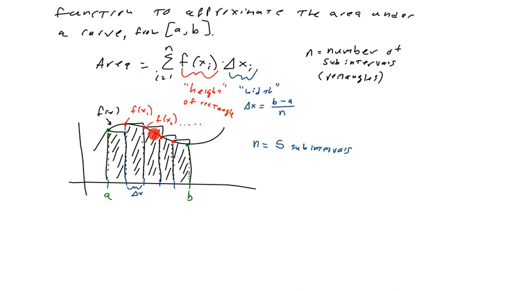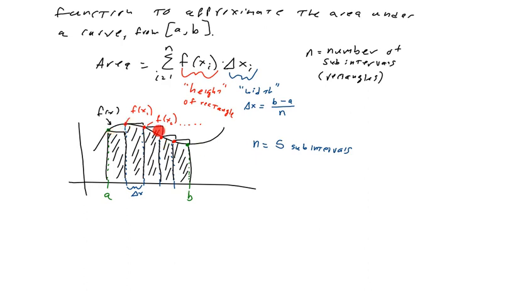Other times you're a little off because you're a little high. But hopefully overall, if it's curvy enough, then the whole thing balances, and we can figure out approximately what the area is.